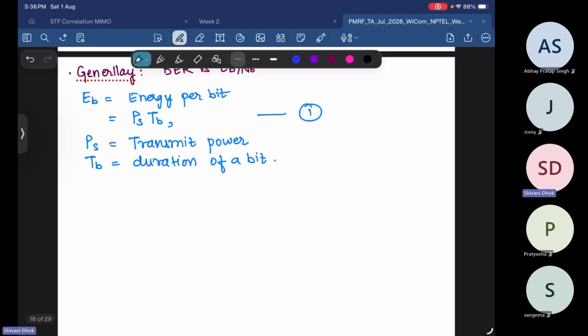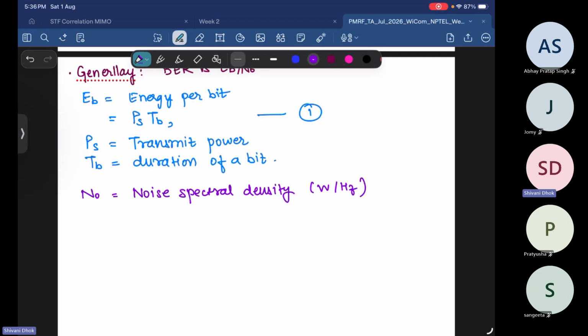Now the second thing that we have is N naught. What is N naught? N naught is not noise power. It is basically noise power spectral density. And what are the units of power spectral density? This is in watts per hertz. So this is basically the power per unit bandwidth.